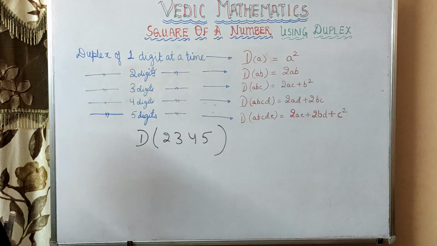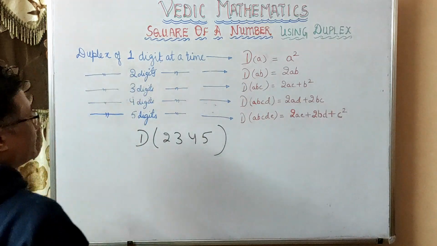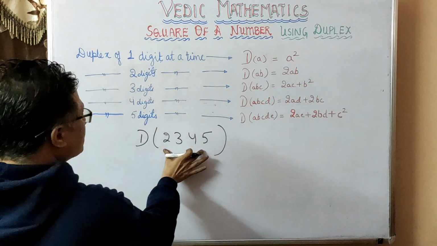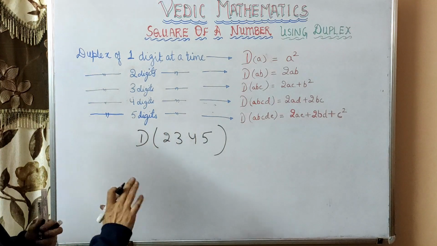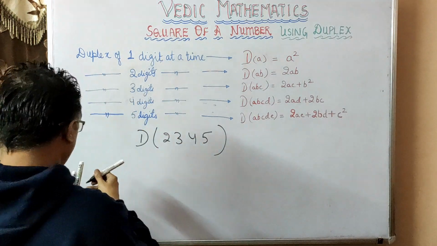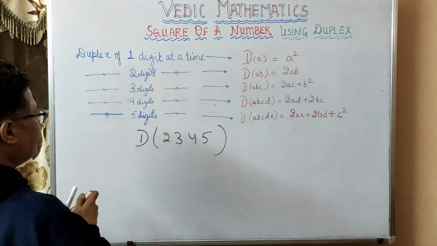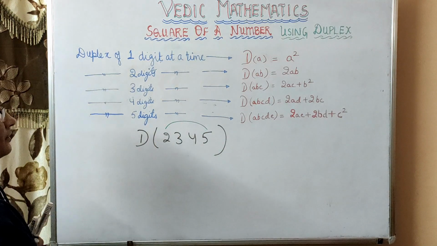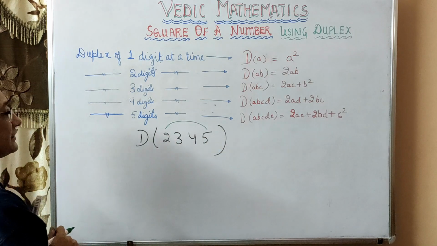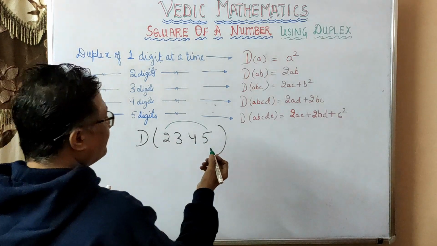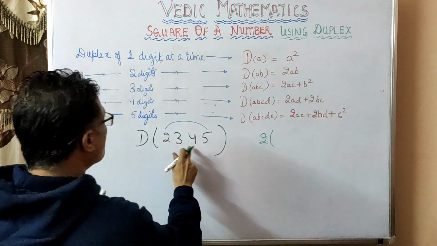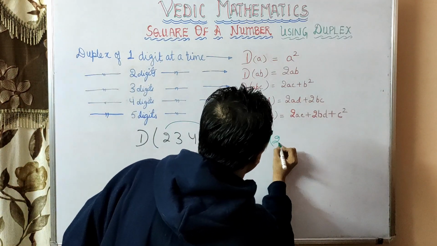How do we calculate this? I have already written the formula over here, but how does this formula come? Because these are 4 numbers, we start from corner to corner. When we start from corner to corner, we go like this. So these are 2 numbers. So what do we have? We have twice of 2 multiplied by 5.